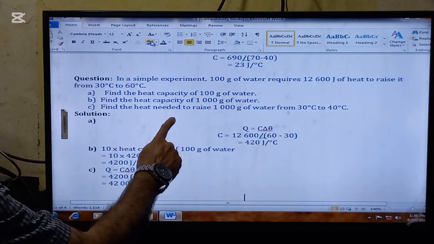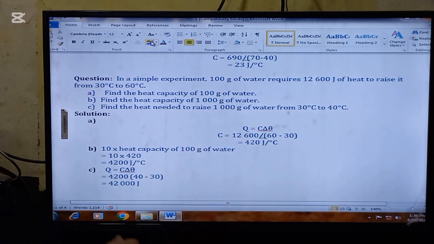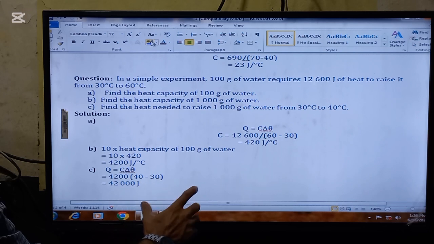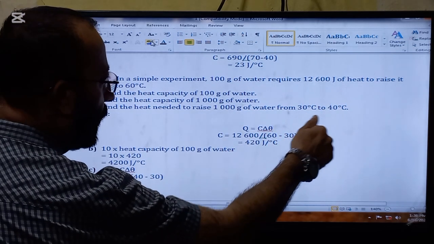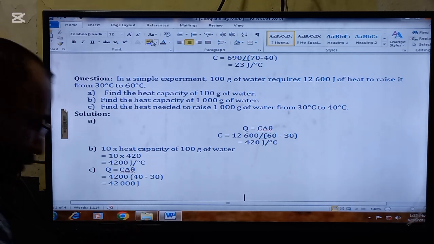And the heat needed is the requirement. So Q is equal to C delta theta will be the formula that will be used. C is 4200, that we found in B part, that will be placed in place of C, and delta theta is 10 degree. So 10 will be placed, you will get the answer, and that will have a unit of joule.